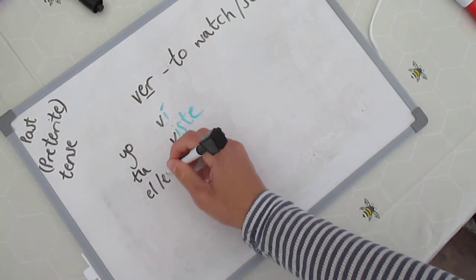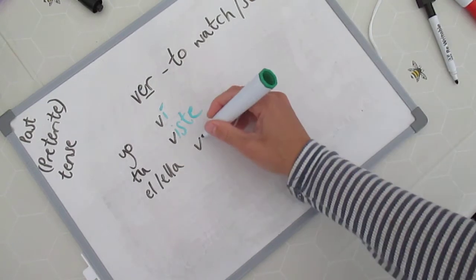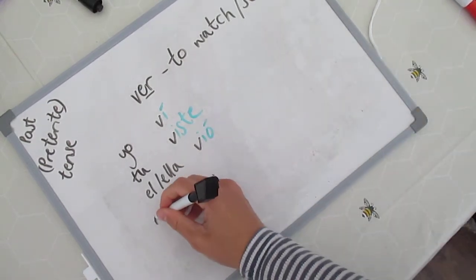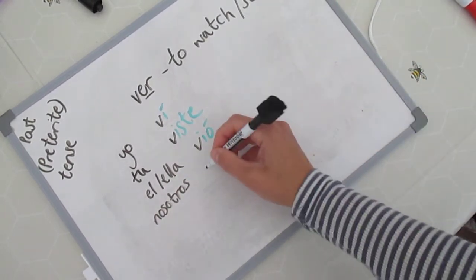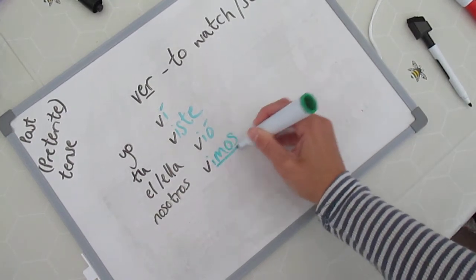For él and ella, left with a V, we've got vio. For nosotros, we take off the ER, left with a V, then we add imos.